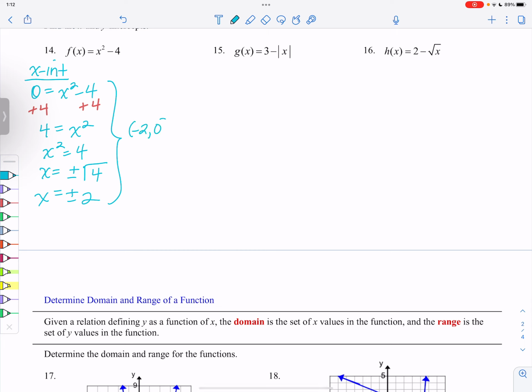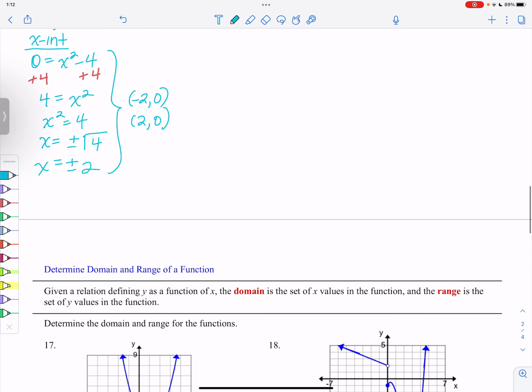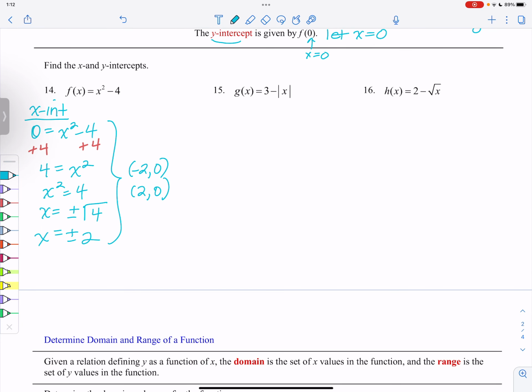So we have negative 2, 0 and 2, 0 as the points generated from those intercepts.